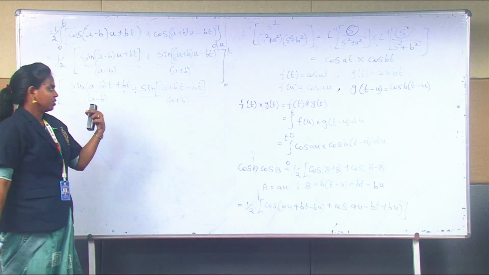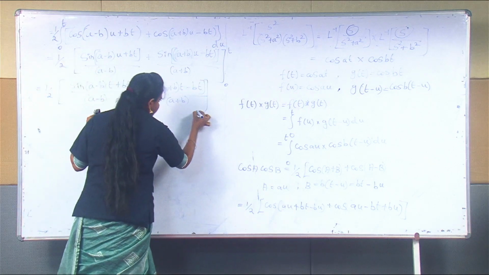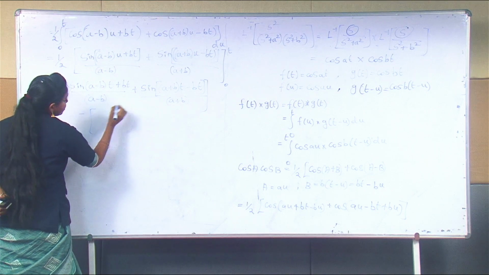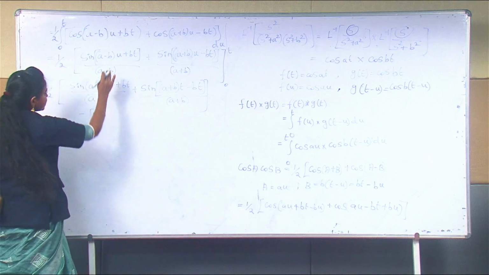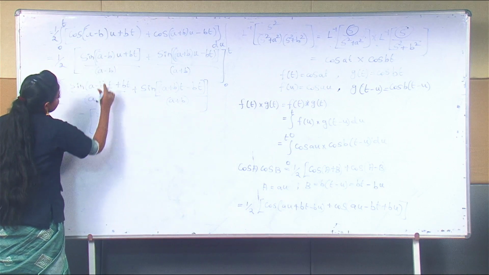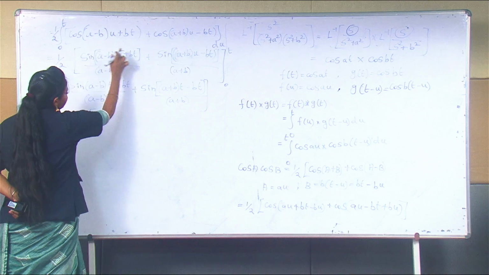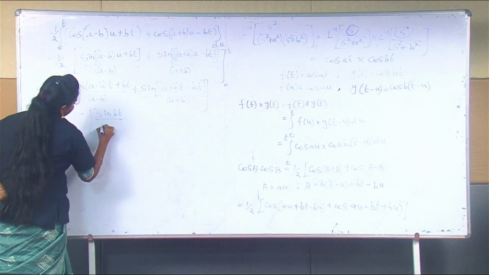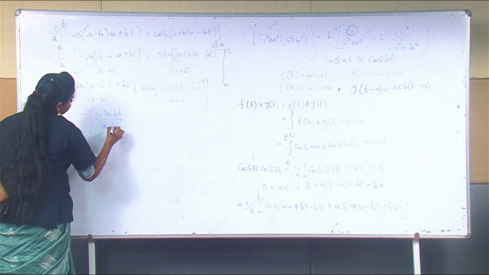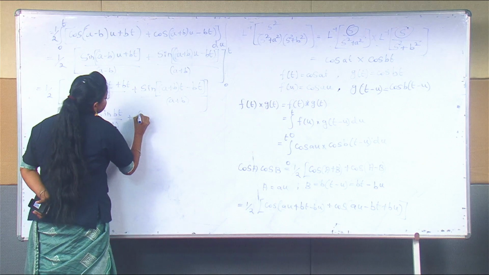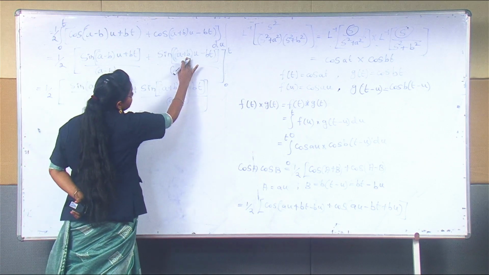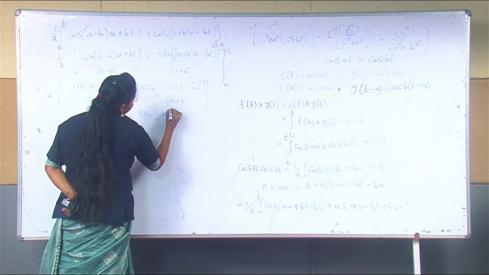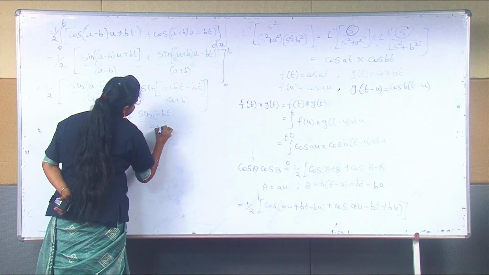Now, we are going to substitute the lower limit. What is your lower limit? Simply 0. You just substitute in here. Sine 0 is 0. And next here sine bt is there, divided by a minus b. Okay, plus sine, here also this term is 0. Here we are having sine of minus bt divided by a plus b.